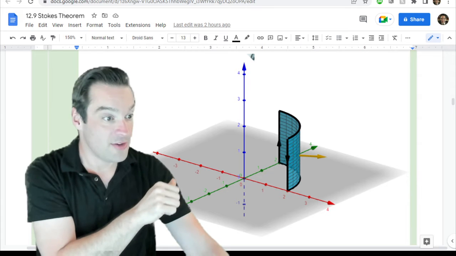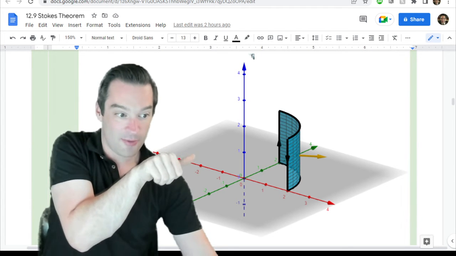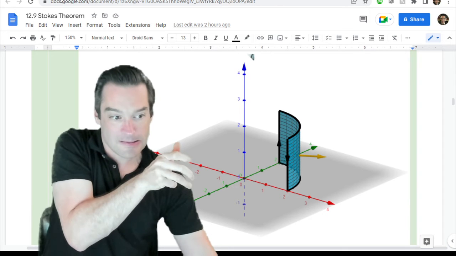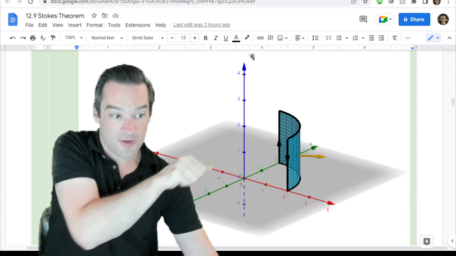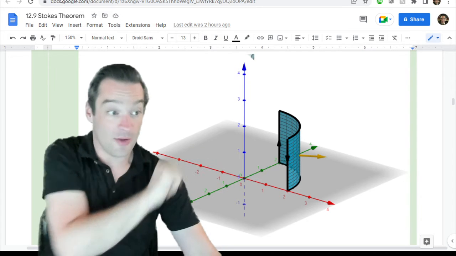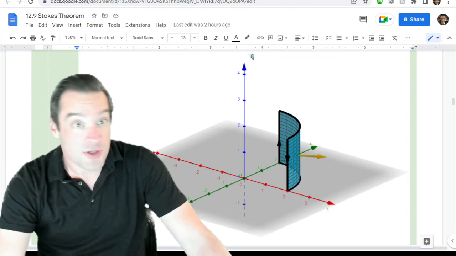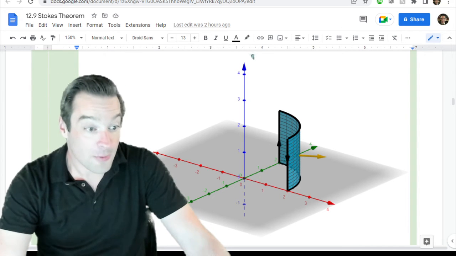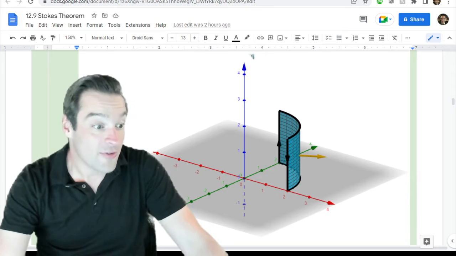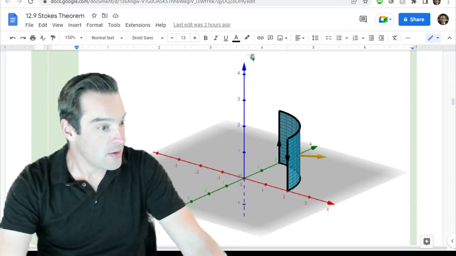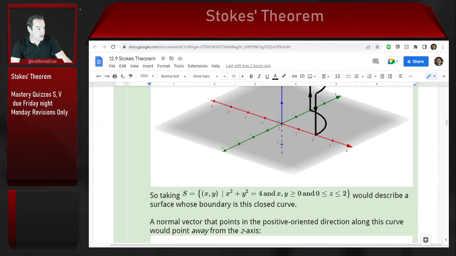And so if I do that, this is really kind of hard for me to do, but if I curled my fingers around that way, then my thumb is going to be pointing in the direction that this yellow vector there is pointing. So that normal direction is determined by the orientation of the boundary curve via the right-hand rule. So the normal vector is the thumb if the circulation around the curve follows your curled right fingers. So that's what it looks like in this sort of funky example that's in part C.